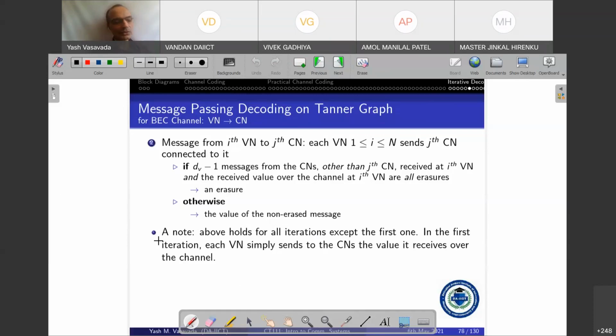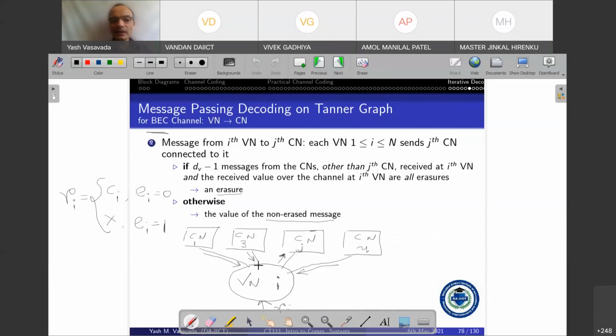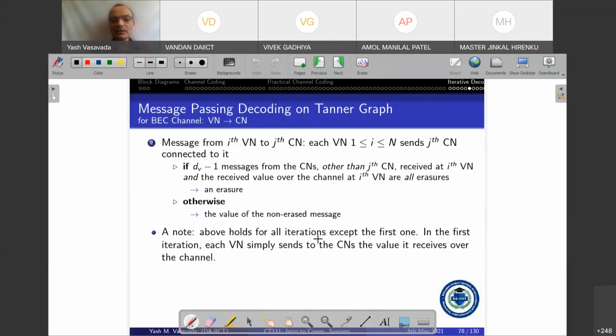So this is still the messages from VN to CN. This note I have written just to say that this type of scheme holds only for the subsequent iteration. For the very first iteration, the VN simply sends to the CN the value that it got. Okay, so this I already mentioned.